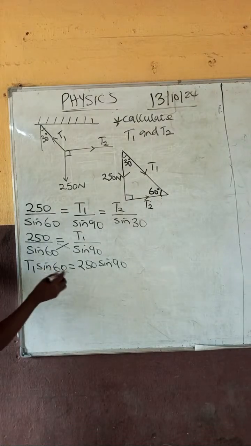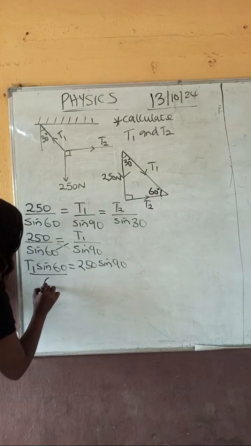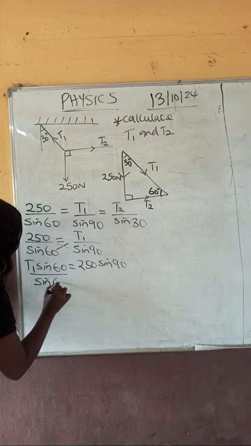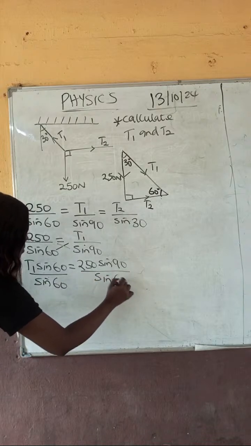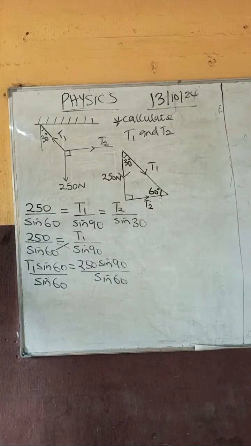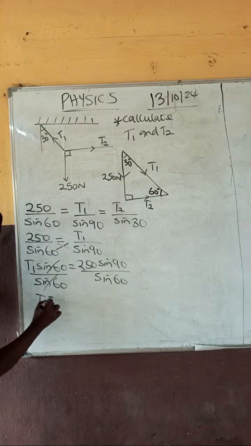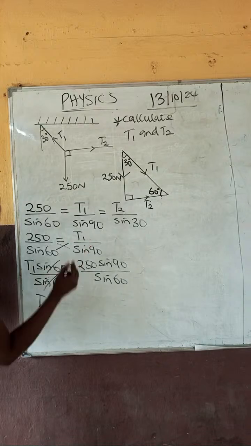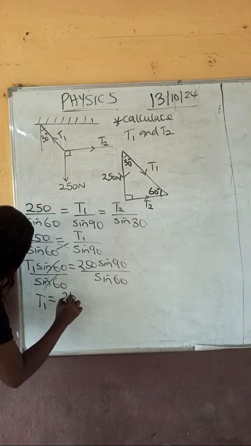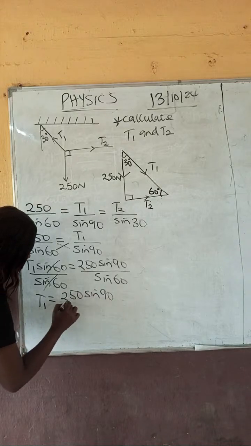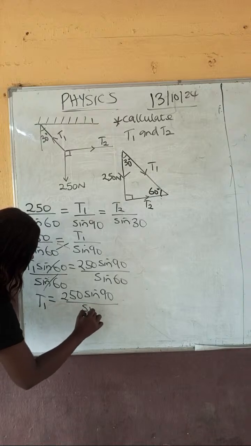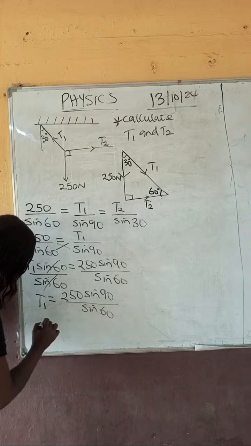What do we have? We are going to divide both sides by what? Sine 60. Sine 60, right? We cancel. And I'm left with what? T1 is equals to, work it out, 250 sine 90 divided by sine 60.